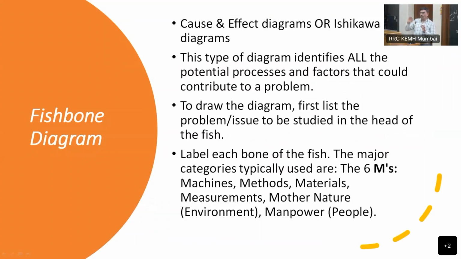You have to put, say, bucketing, as we call it. You know bucketing, right? If there is a problem, you bucket its causes, whether it is related with the machine.